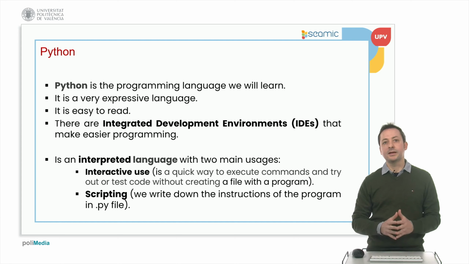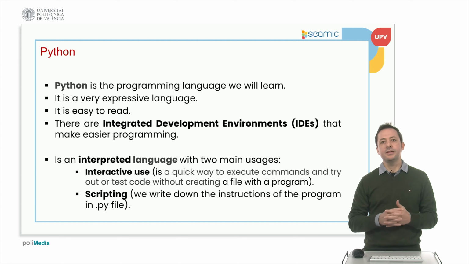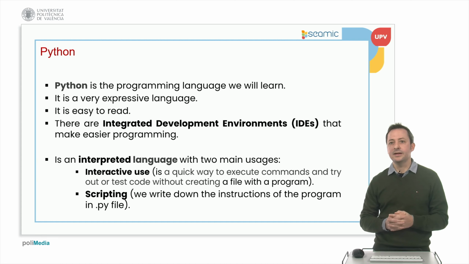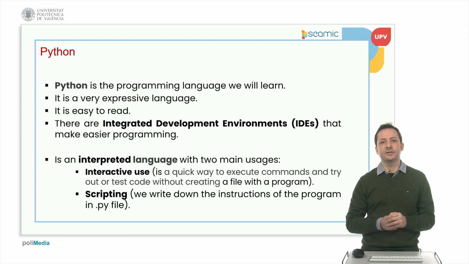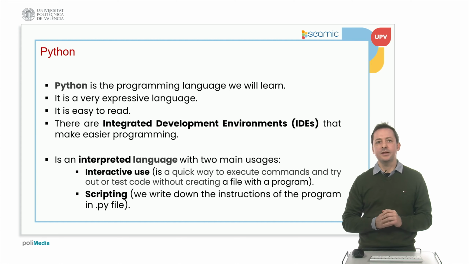Python is a programming language very used in the last few years, and there are a lot of people and communities working with Python, and especially it is very widely used in problems related to artificial intelligence, machine learning, and data science.